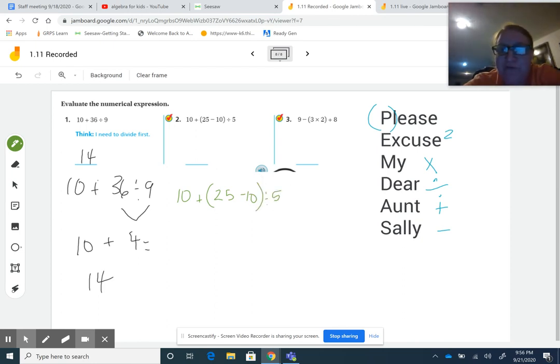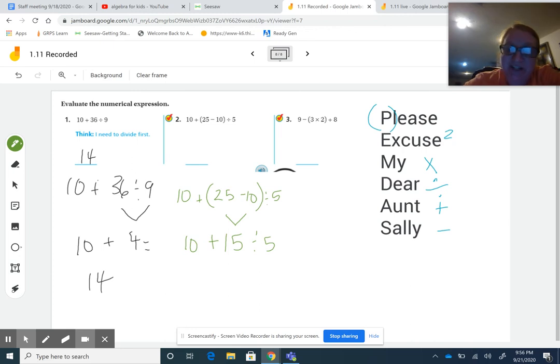Okay, so the first thing, we have a parenthesis. So we need to do 25 minus 10. 25 minus 10 is 15. And now we add our other parts. Plus 10 in the front and divided by 5 in the back.